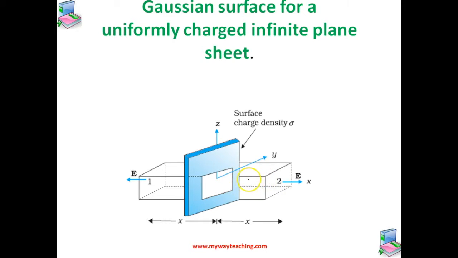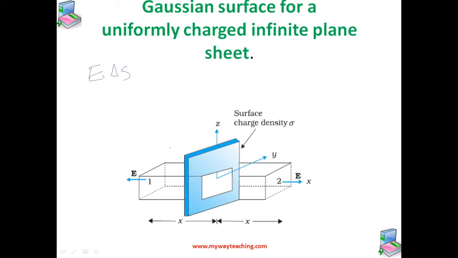The unit vector normal to surface 1 is in the minus x direction, while the unit vector normal to surface 2 is in the plus x direction, isn't it? So the flux E dot delta S through both the surfaces are equal and add up.